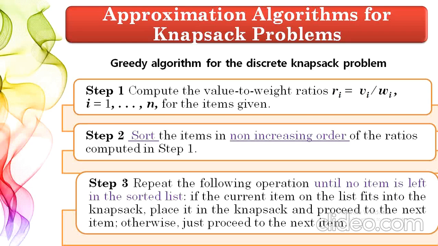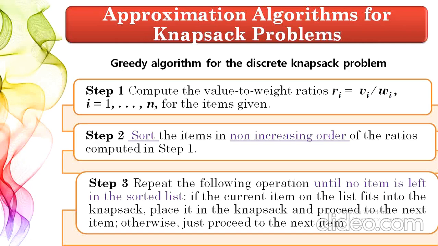In the second step, after computing the ratio, arrange the items in non-increasing order. After that, we load the items into the knapsack. If the capacity is sufficient, no problem, we take it into the knapsack. Otherwise, we skip the element and proceed with the next item. These are the steps followed in the greedy algorithm for the discrete knapsack problem.